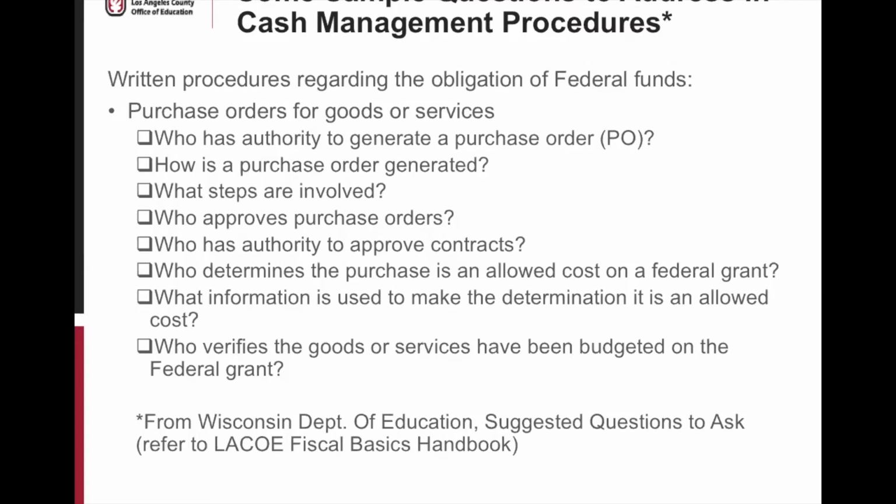So what's your criteria? What do you use? Which saves so much trouble on the back end when people disagree. Who verifies that goods or services have been budgeted on the federal grant? How do you know it's in the budget? These are things you're doing every day, but if someone came in new, how would they know what your procedures are and how to follow them?